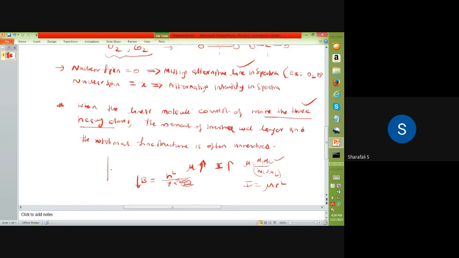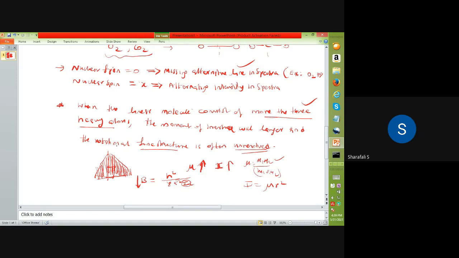What is B? B is the separation between the individual lines in your rotational Raman spectra. So this will decrease, meaning your lines will be very close to each other and you will not be able to resolve these lines. That's what is called unresolved. The fine structure is nothing but the individual lines, and that becomes unresolved.